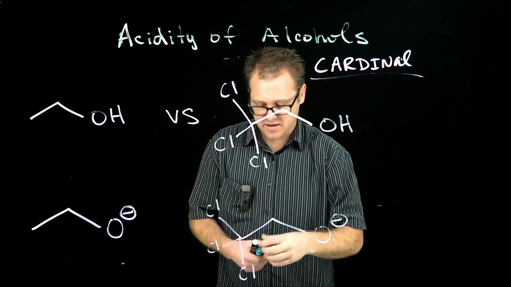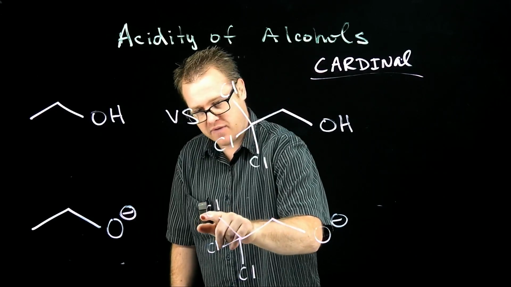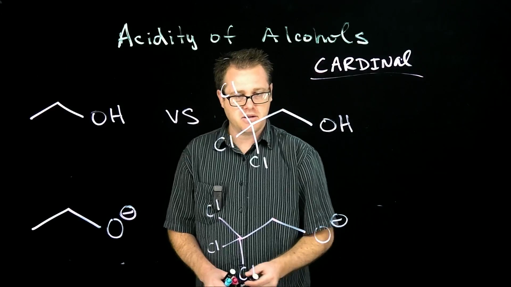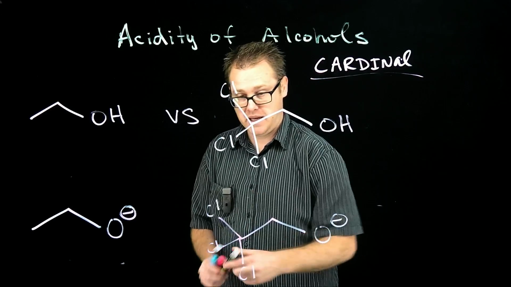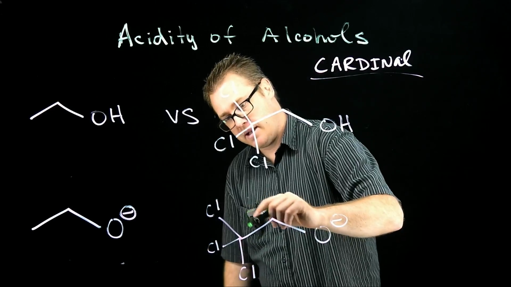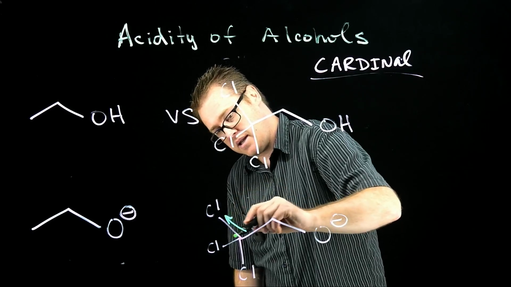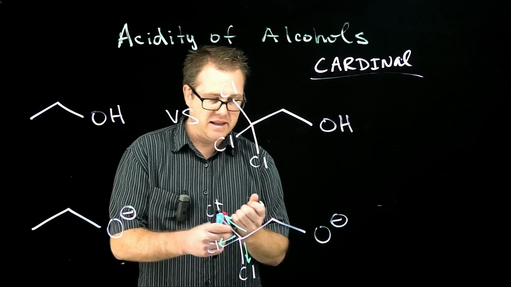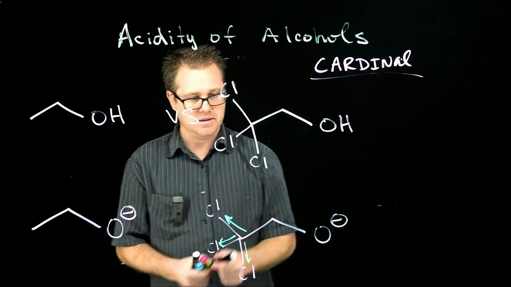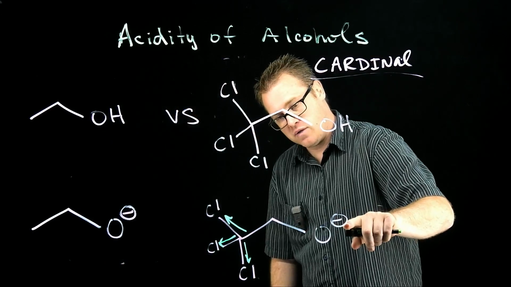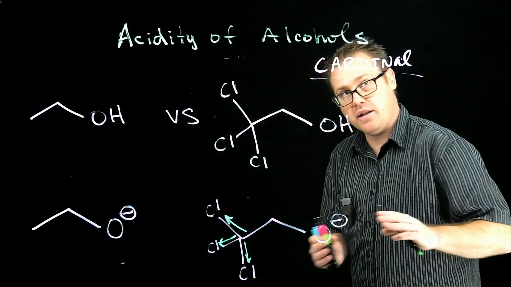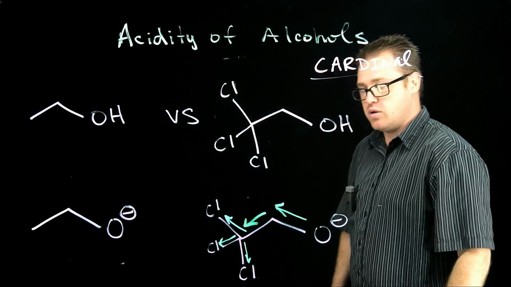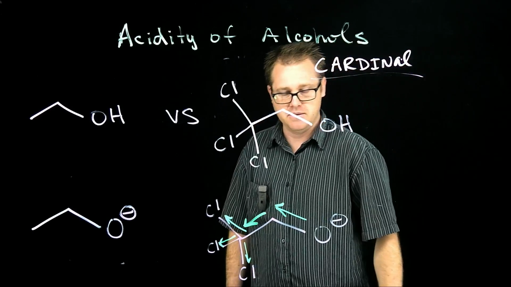Induction effect. And we can see that we have some very electronegative atoms on the trichloroethanol, or ethoxide piece. And so what's that going to do? It's going to pull electron density towards itself. And so it's going to pull the electrons through the bonds. So this negative charge over here is going to feel a pull in this direction towards those more electronegative atoms.